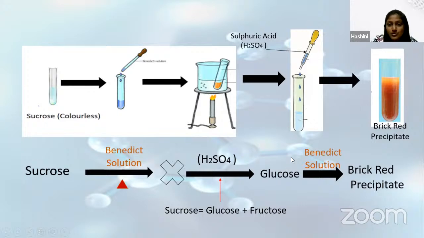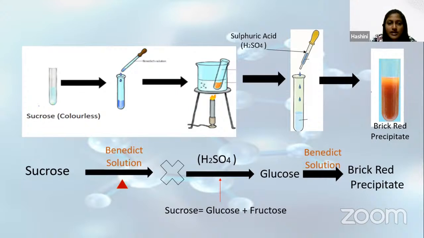The glucose will show a color change with the Benedict solution, just like the previous test. So when we add some Benedict solution and heat it, it will give a brick red precipitate because glucose is present in this solution.